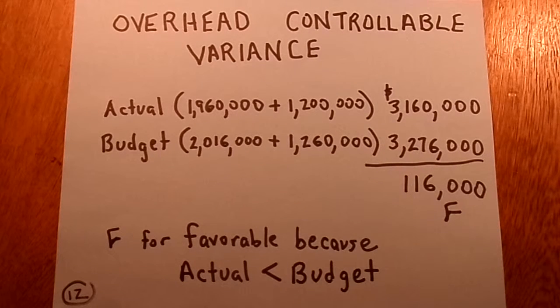We compared it to the budgeted numbers, $2,016,000 fixed factory overhead, $1,260,000 variable factory overhead budgeted, and our budgeted number is $3,276,000, while our actual number is $3,160,000. So this is saying that we budgeted for more overhead than we actually had. Therefore, we view it as an efficient thing that we come in $116,000 below budget on the controllable variance. So this is favorable.